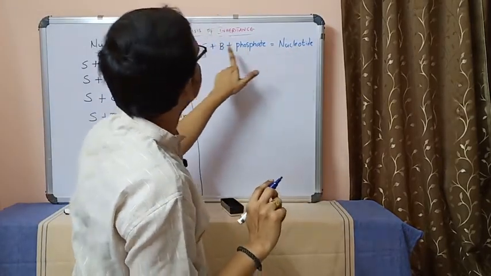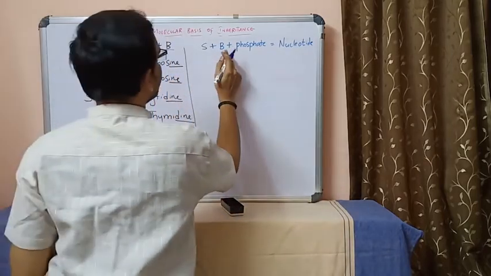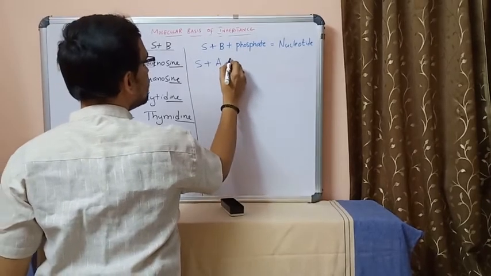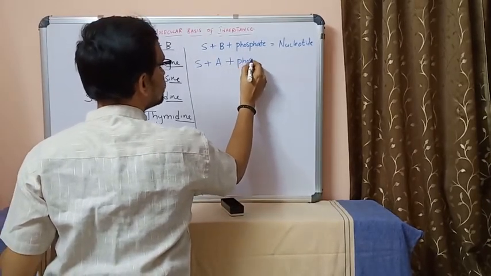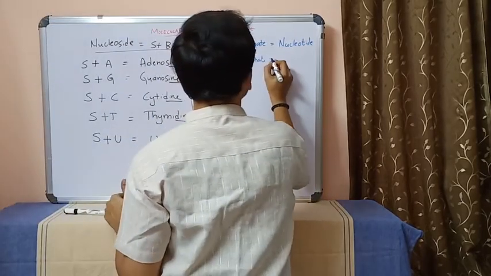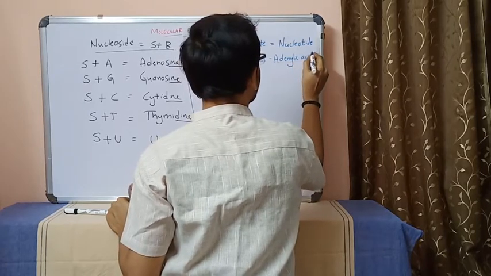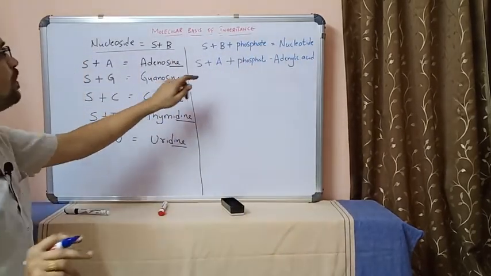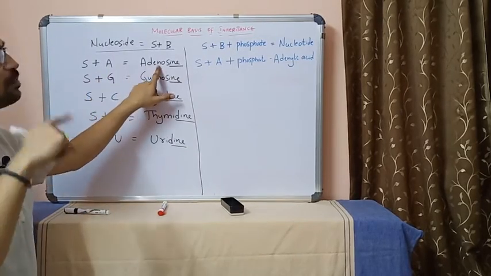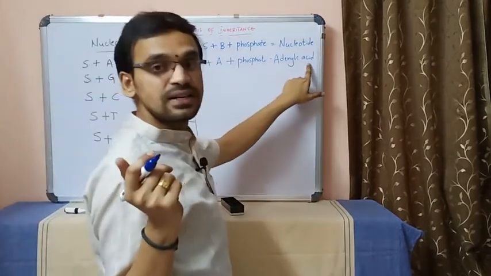Nucleotide is sugar plus base plus phosphate. So if the base is adenine, sugar plus adenine plus phosphate, then it is called adenylic acid. If phosphate is absent, only sugar and adenine, then it is called adenosine. Phosphate is nothing but phosphoric acid, that's why you are adding the acid here.